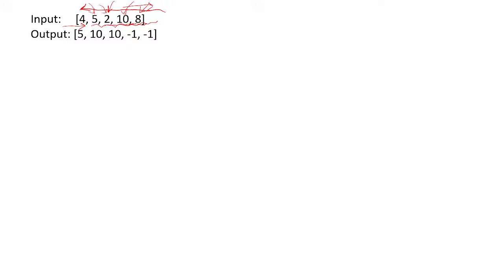Like this, one traversal for each element, so in the worst case it is n number of times. Then the complexity becomes order of n square time complexity.